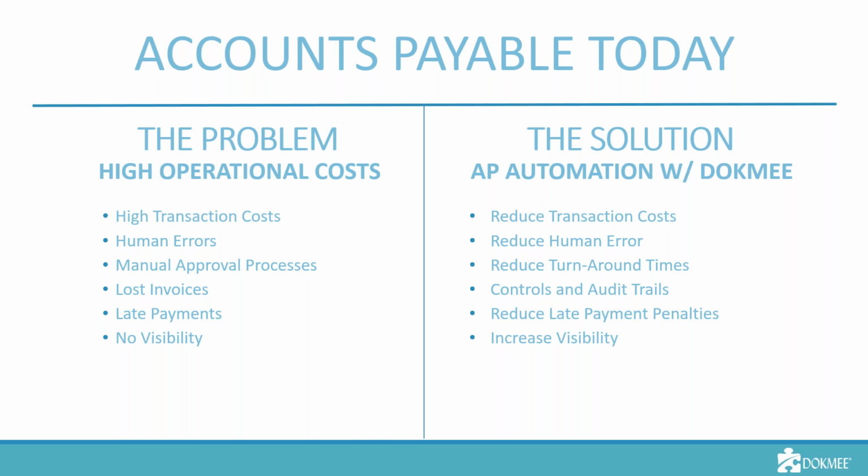Well, it costs money to process an invoice, and using people, paper, that equals high transaction costs. Basically, it takes longer to pay an invoice. There are also human errors when we involve people. The more people who touch an invoice, the greater the chance someone's going to make a mistake, and we have to correct these. Also, a manual approval process takes longer.